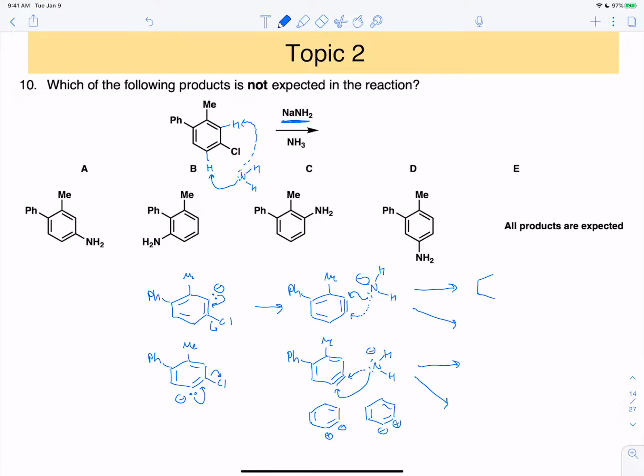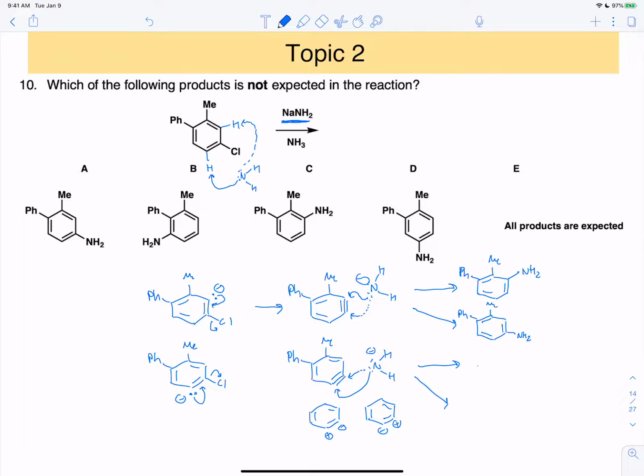So I'm going to just draw the products. Hopefully you can imagine that protonation taking place. So if it attacks the top carbon, we're going to make this aniline product. If it attacked that lower carbon, we would end up making this aniline product. Now we go to the other potential benzyne.